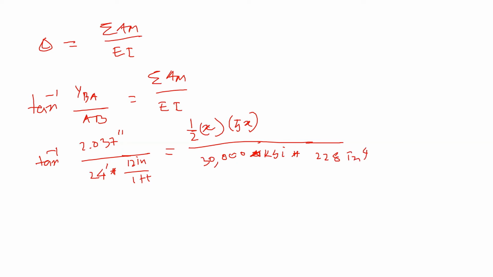If we want to find x in foot, then we have to convert that to inch. Imagine this is in foot, so 12 inch is 1 foot, and I got 2 of them, so whole square. If you do all this calculation, you're going to find x equal to 11.59 inches.